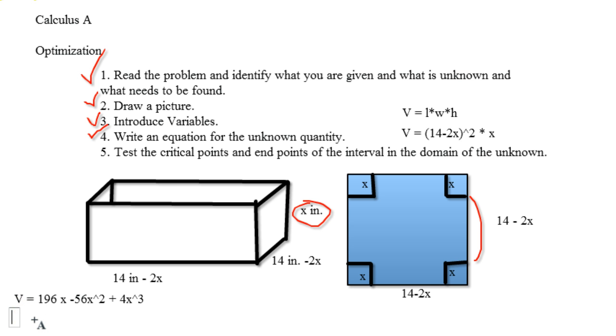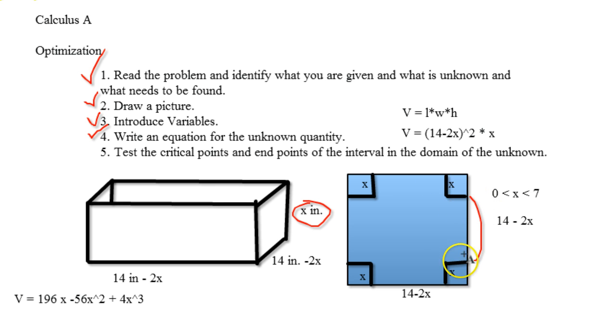Now the next step is to test the critical points and endpoints of the intervals in the domain for the unknown. I have to think about the intervals of what x could be. I know it has to be greater than 0, which totally makes sense. But I also know it has to be less than 7, because if it was 7, I would just have the two pieces of paper folded up to each other.